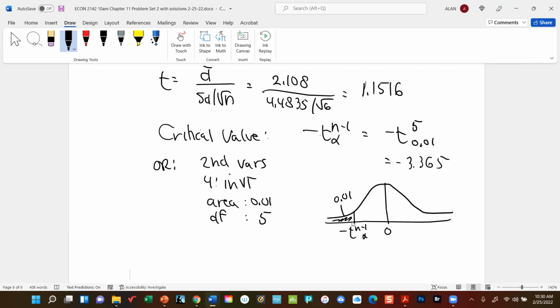So if you type that in, let's see, 0.01 with 5 degrees of freedom, it should give you negative 3.365. That's fine, perfect.